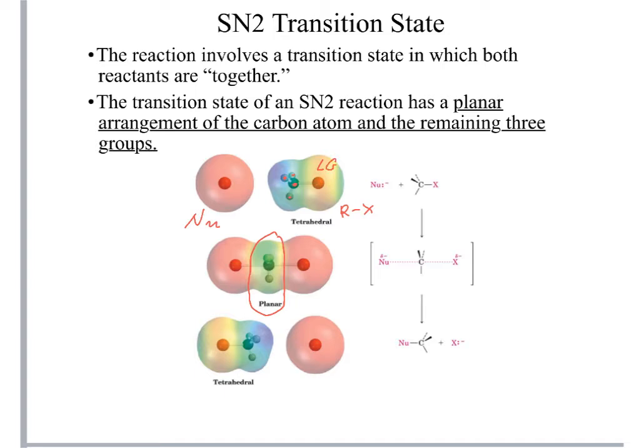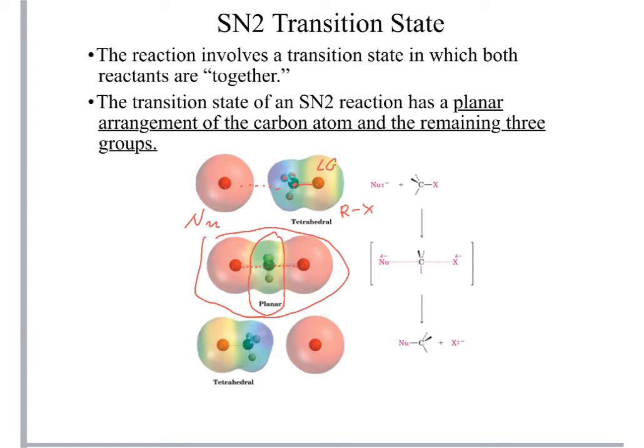As the nucleophile approaches from the backside, from anti-periplanar orientation relative to the leaving group, we have a transition state in which the incipient bond between the nucleophile and the carbon atom is not yet fully formed, and the sigma bond between carbon and the leaving group is partially broken.